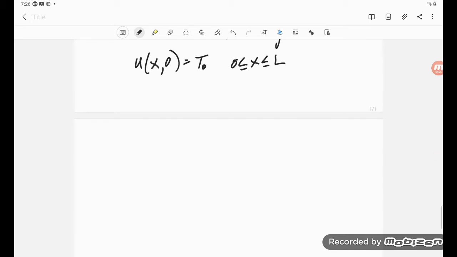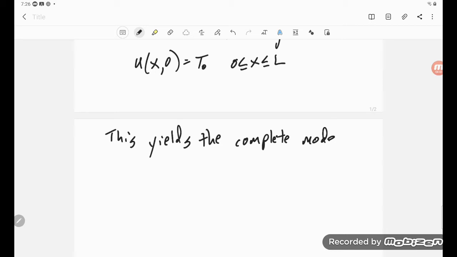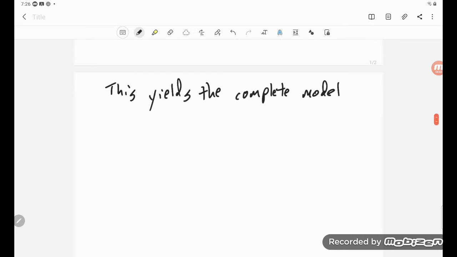And so what that yields is the complete model. Okay, so we have our model of the heat flow, which is U sub T is equal to alpha squared U sub XX, 0 is less than x is less than L, so along the rod, and again for all our time.